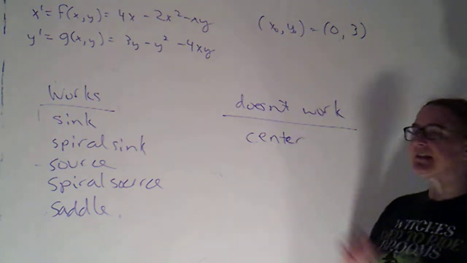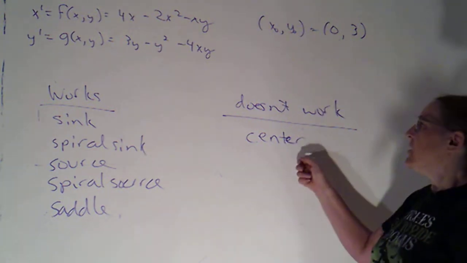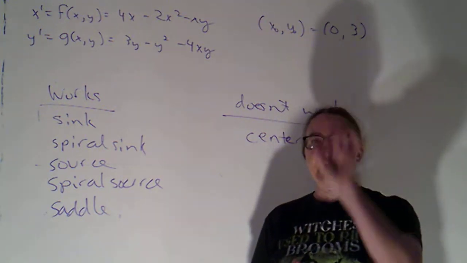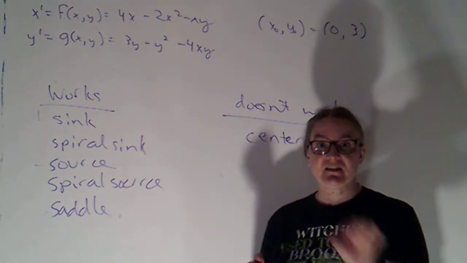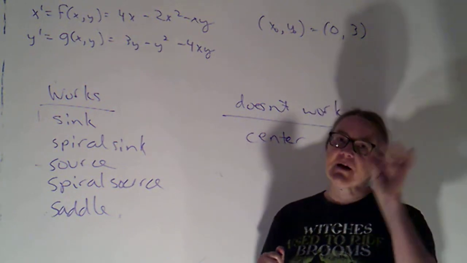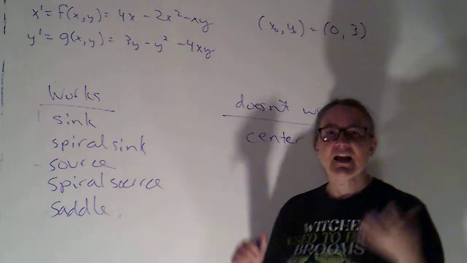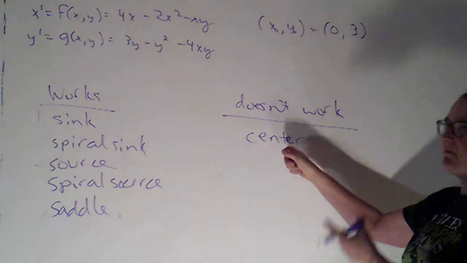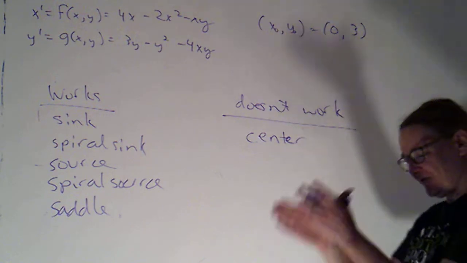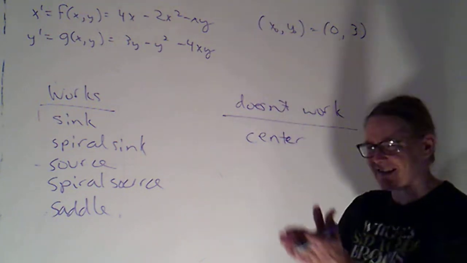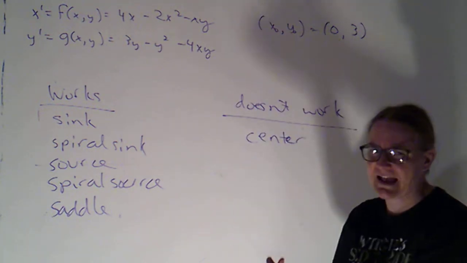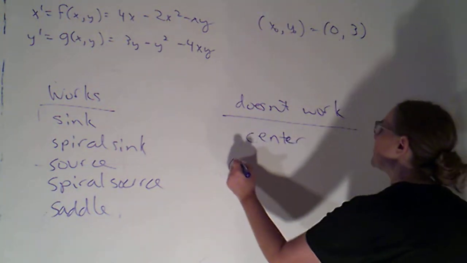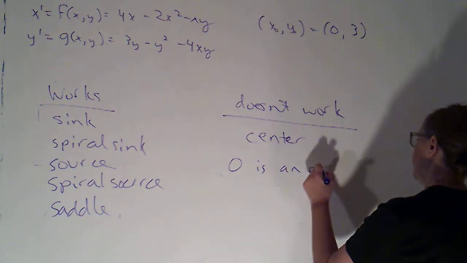So if the linearized system has a center, we can say that the nonlinear system will exhibit some circling behavior, but we won't know whether that's actually acting as a center or a spiral source or a spiral sink. Because all we know is that it's close to the boundary between spiral sources and spiral sinks. And if you're close to the boundary, that doesn't tell me which side you're on or whether you're exactly on the boundary. So it doesn't work in that case, and it doesn't work if 0 is an eigenvalue.